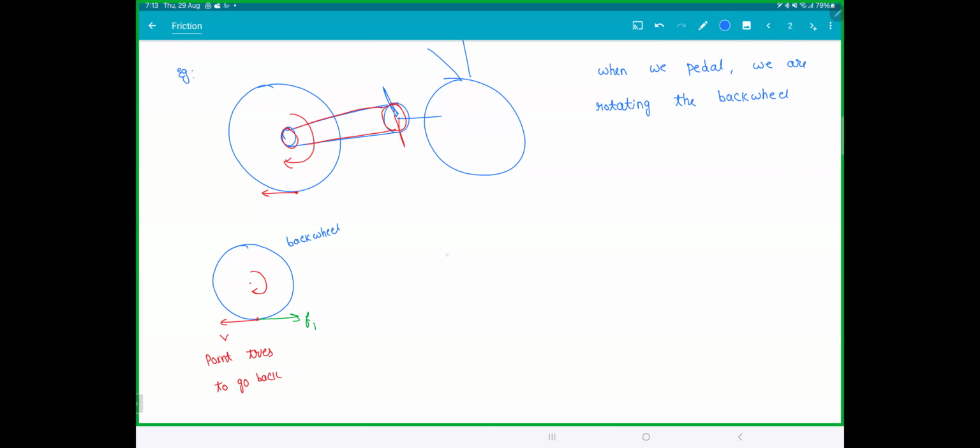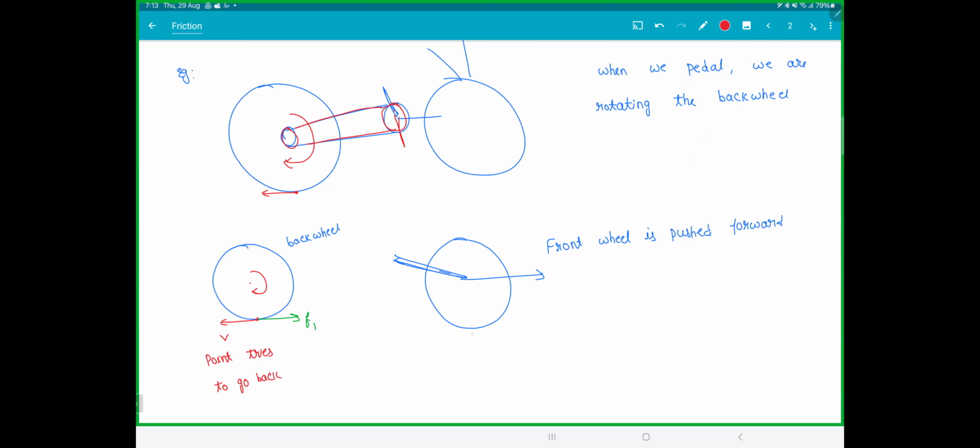Now think about the front wheel. The front wheel has no engine or anything. This support, the spokes of the front wheel, is pushing it. The front wheel is being pushed forward. Because the back wheel is moving, the front wheel is pushed forward because of that rod's force.